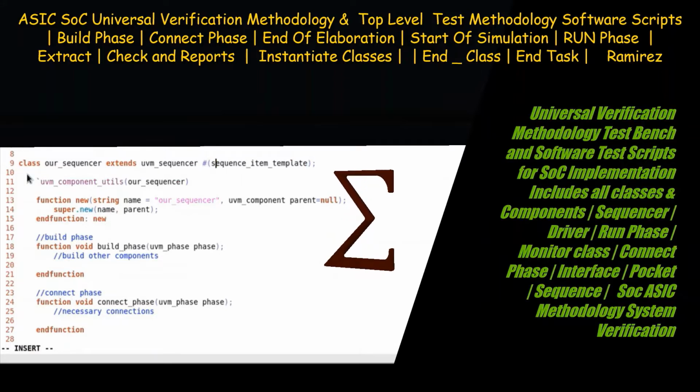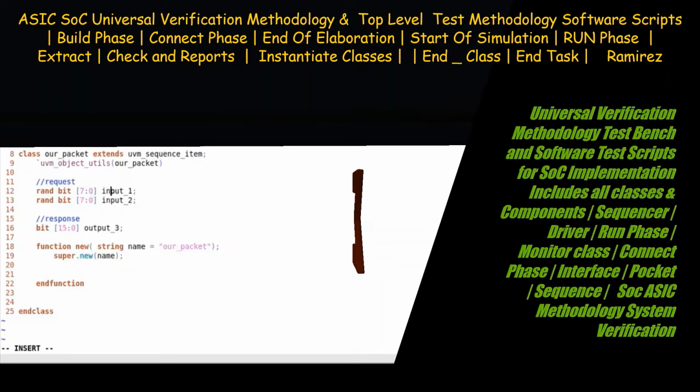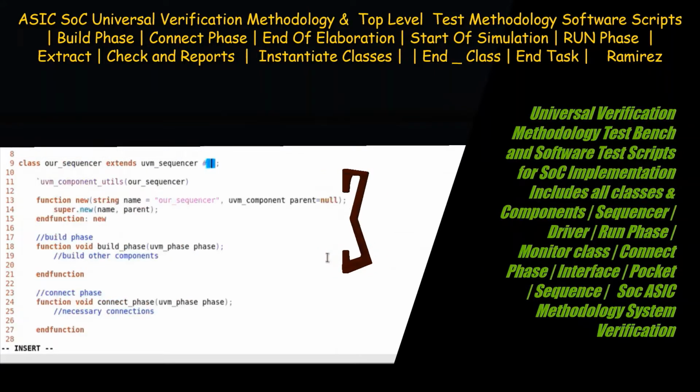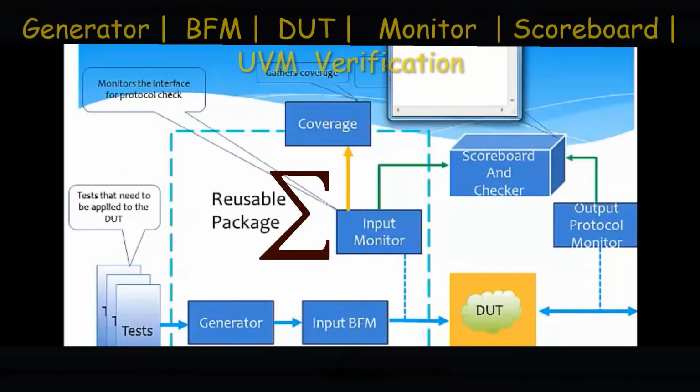The build phase and physical connection of all components are done through the test generator, and the generation of the packets to the BFM is the most time-consuming part of the verification process.